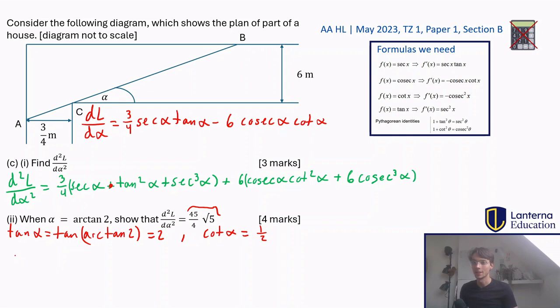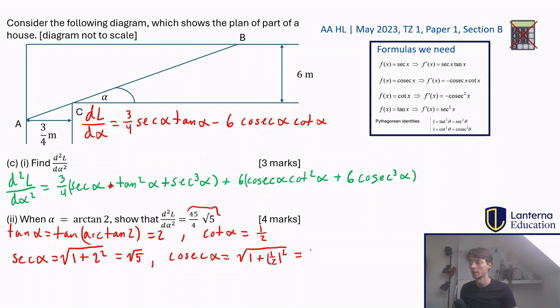So sec alpha will be the square root of 1 plus tan squared alpha. Tan alpha was 2, so 1 plus 2 squared, so that will just be root 5. And cosec alpha will be the square root of 1 plus (1/2) squared, in other words, root 5 over 2.